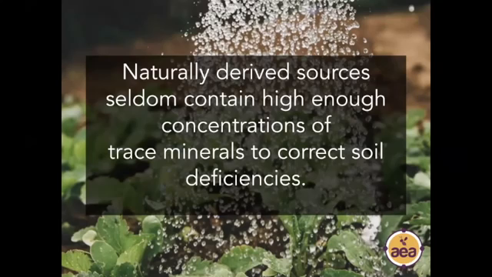Another point to make is that naturally derived sources of trace minerals, such as rock powders and such as compost, seldom contain high enough concentrations of these trace minerals to correct soil deficiencies. And I'm referring in this context specifically to zinc and manganese and copper.